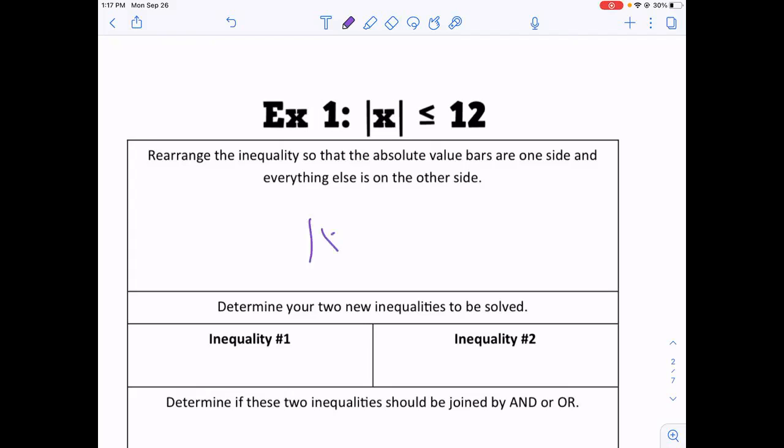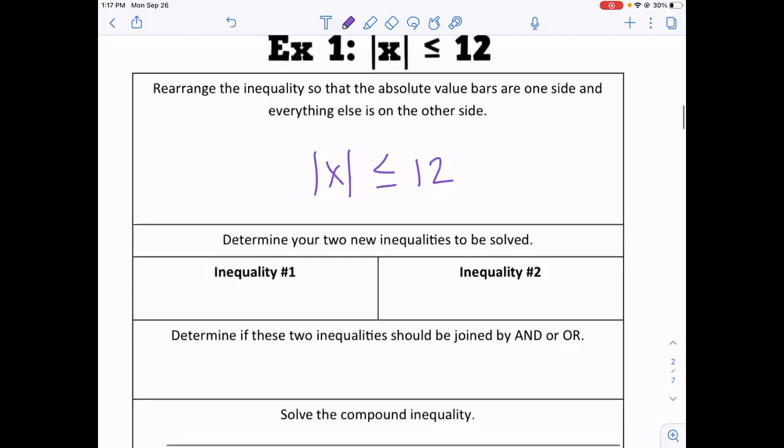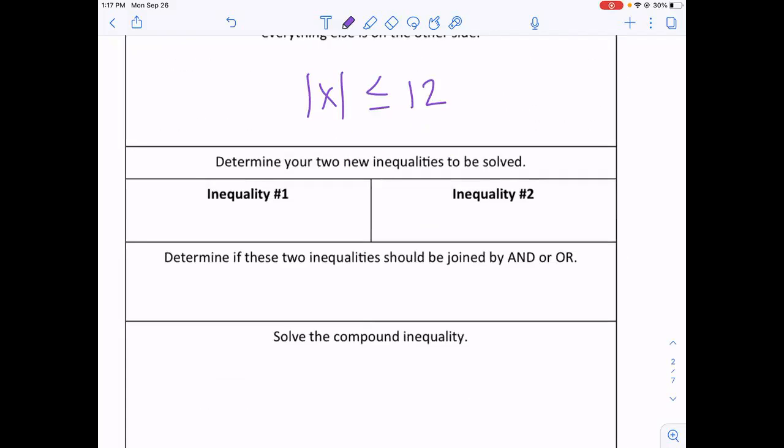Okay, so let's write right here that the absolute value of x is less than or equal to 12. Now look at your notes. So now we need to determine our two new inequalities, okay? So we're gonna keep ours the same for the first one, but then we're going to switch the sign for our second one.